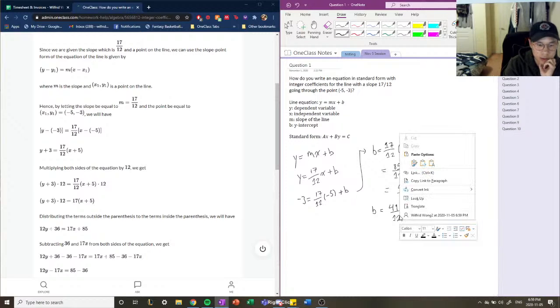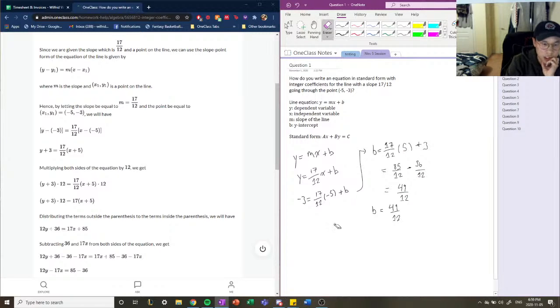Okay, so now we have our whole line equation, which is y equals 17 over 12 x plus 49 over 12. Moving all the variables to one side, we have y minus 17 over 12 x equals 49 over 12.